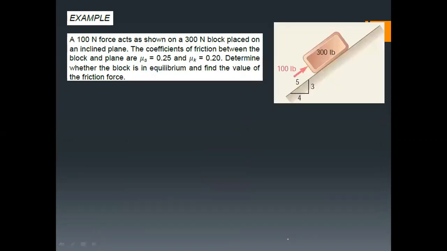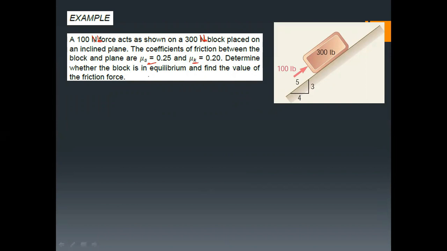So next: a 100 Newton force acts on our 300 Newton block placed on an inclined plane. The coefficients of friction between the block and the plane are 0.25 and 0.20. This one is the kinetic, and this one is the static.